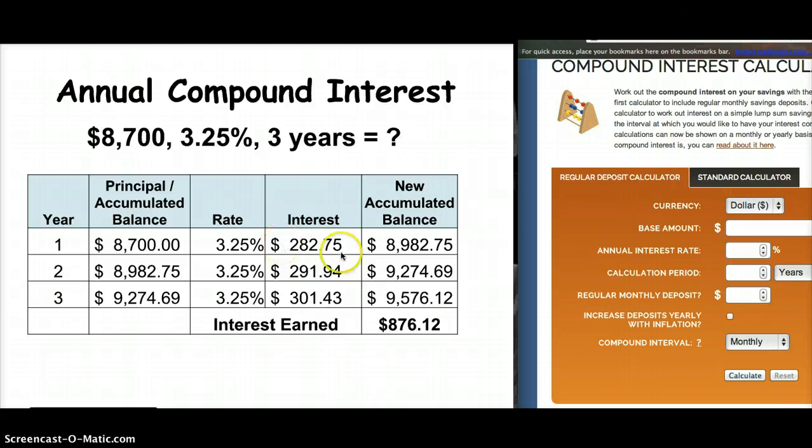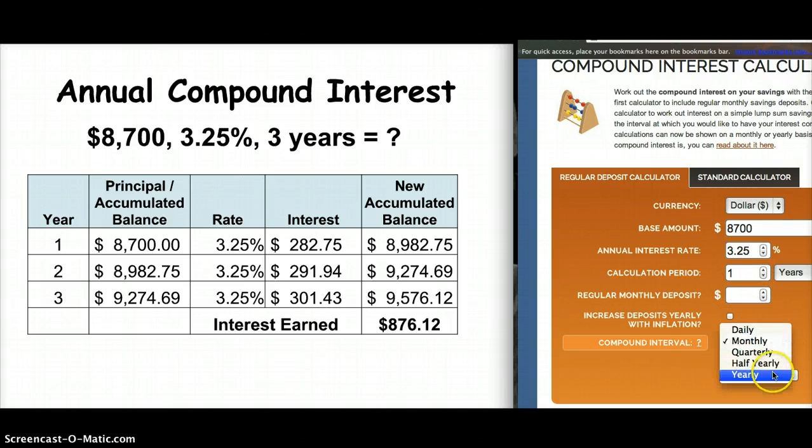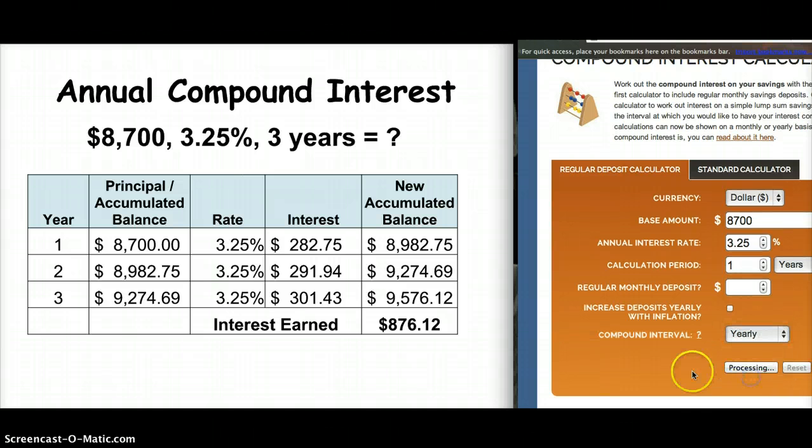Let's see if we can get this number, 8,700. Compounded annual interest rate is 3.25. Calculation period is annual, so 1 year. Regular deposit, no, and you're doing it yearly. Calculate it.